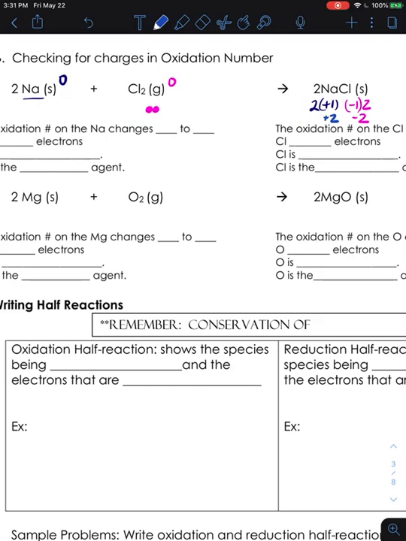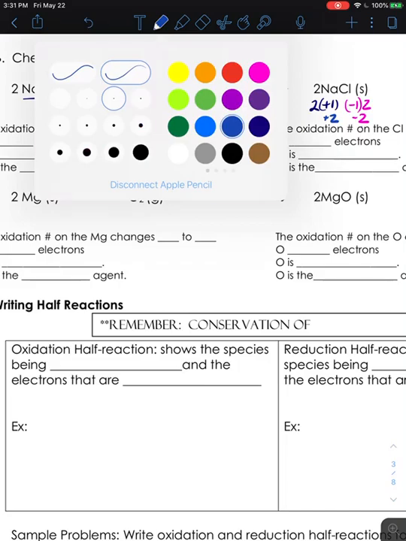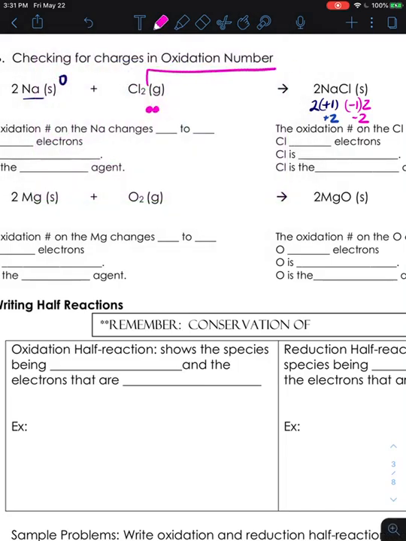So which one is gaining? Chlorine. Okay, so here's my gaining. This went from 0 to a -2.